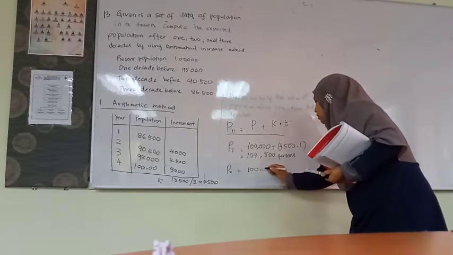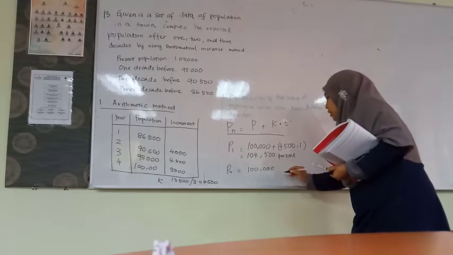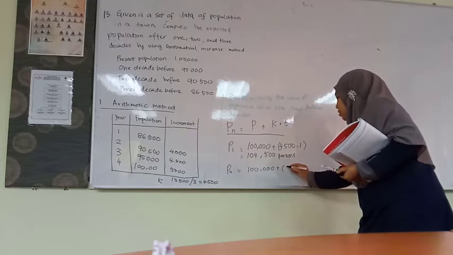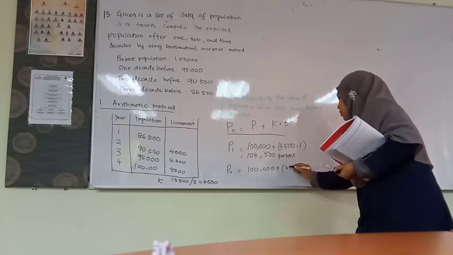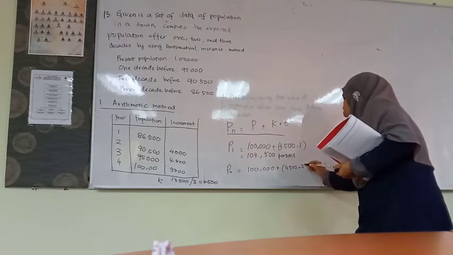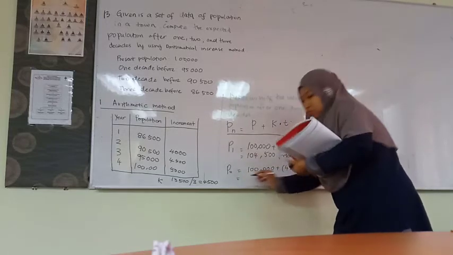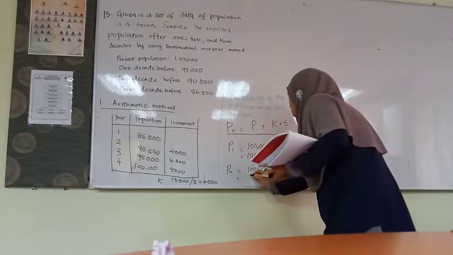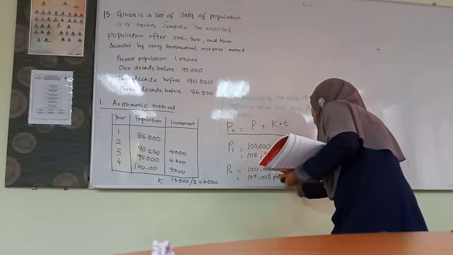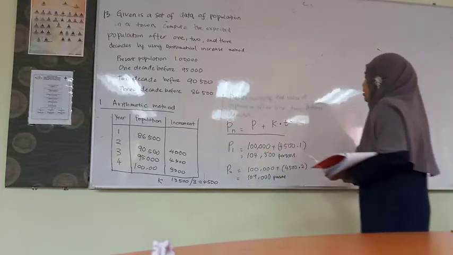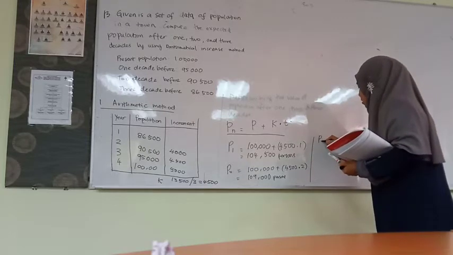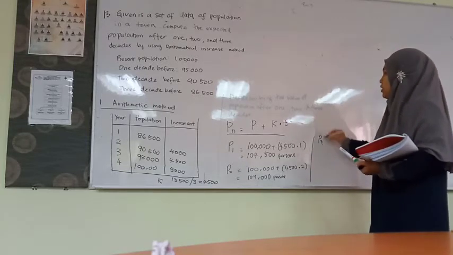Your initial population is still 100,000 persons plus 4,500 multiplied by 2, and your answer should be 109,000 persons. And then you calculate the population for 3 decades after.